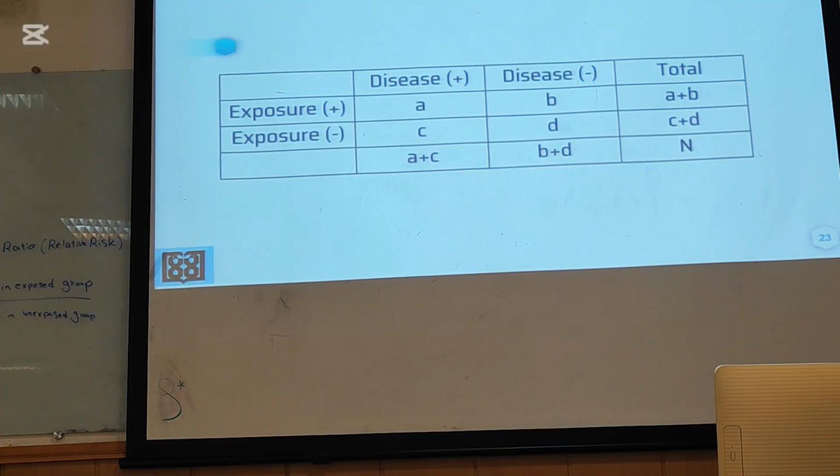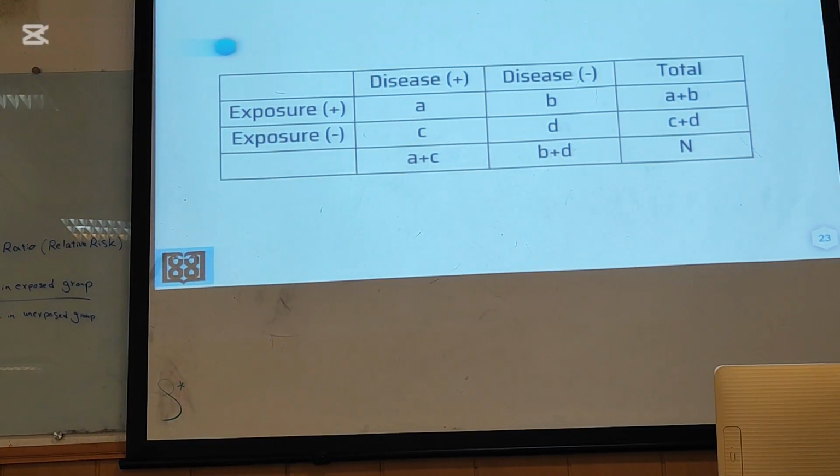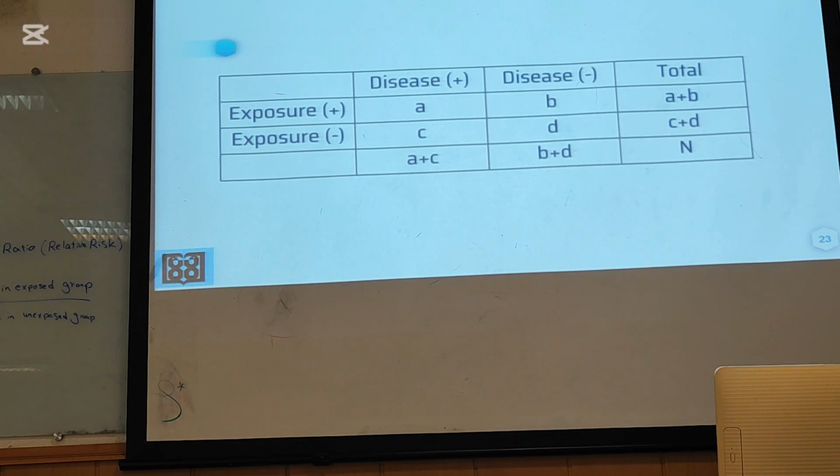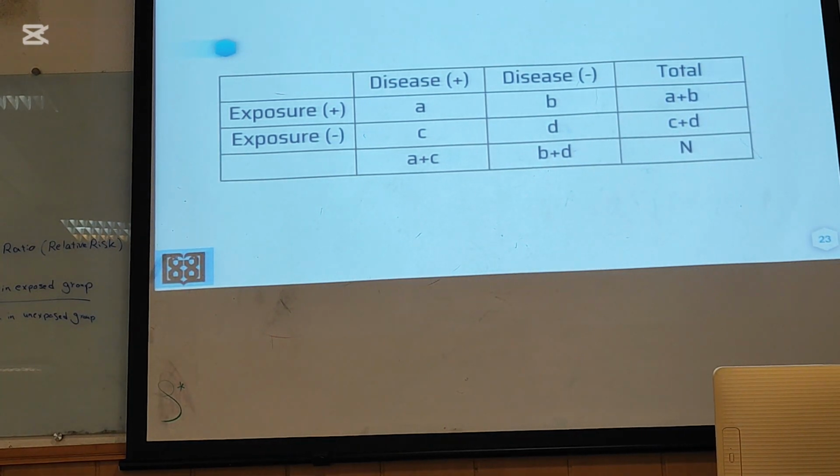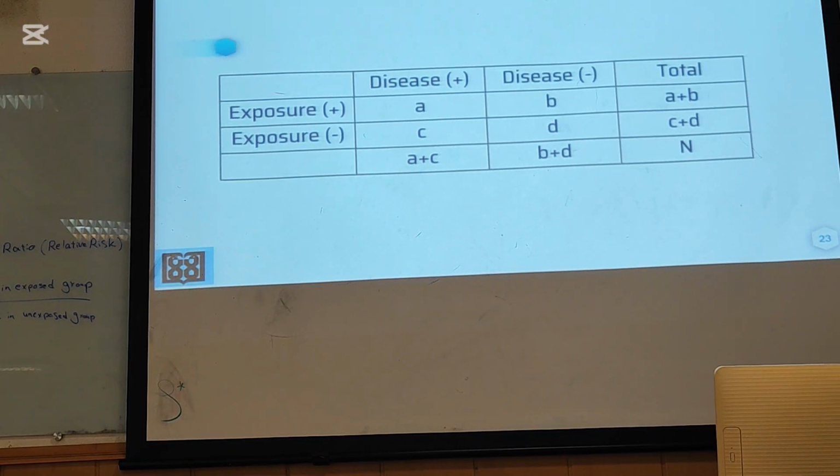Okay. This table is, as I said, very important in epidemiology because it's a fundamental, essential tool in epidemiology for analyzing associations between two factors, for example, exposure and outcome. And for making it easier, we imagine that we have a dichotomous or binary outcome.